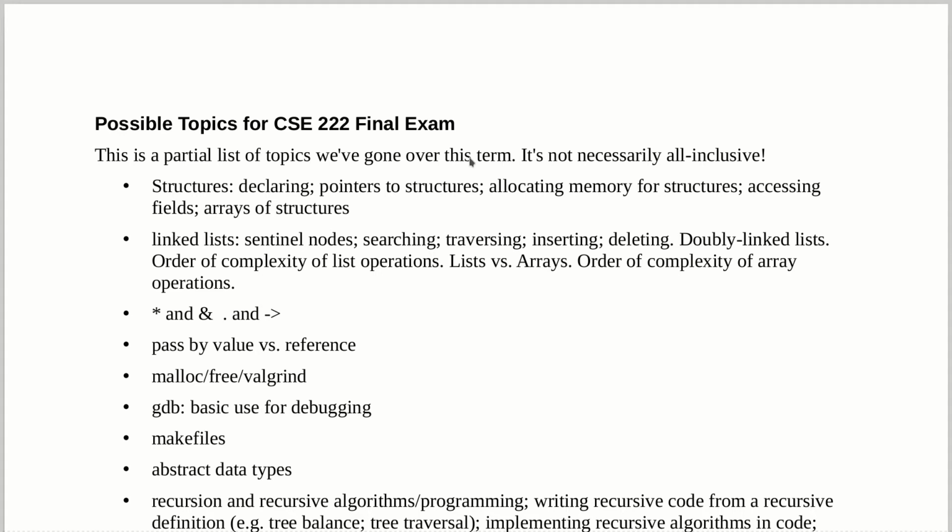So linked lists, right? Linked lists might have sentinel nodes, they might not have sentinel nodes. Right, if there's a sentinel, all it means is the first node of the linked list isn't actually part of your data. It's just a node that's always there. We never search it, we never delete it, we never modify it other than what it points to.